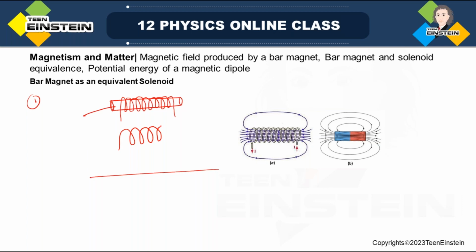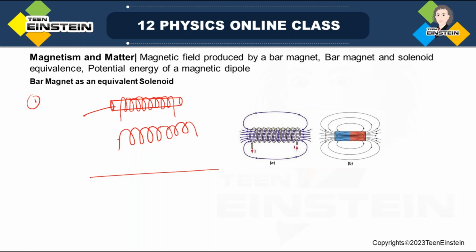having turns of equal area, or equal radius we can say. So all the loops will have the same radius. Okay, so this is a coil. Now we can produce a uniform magnetic field using this coil, or we can use an electromagnet also.